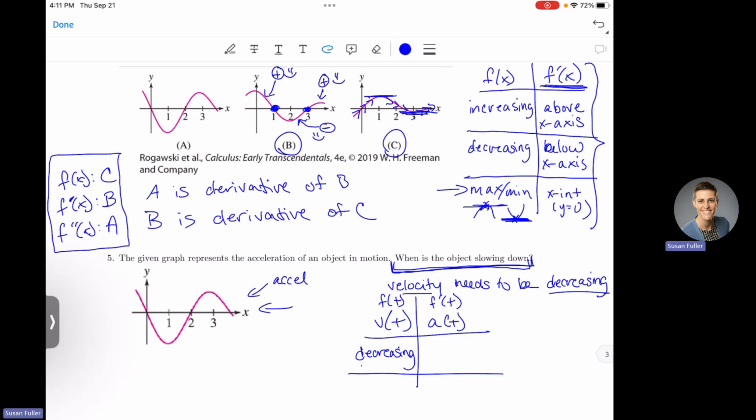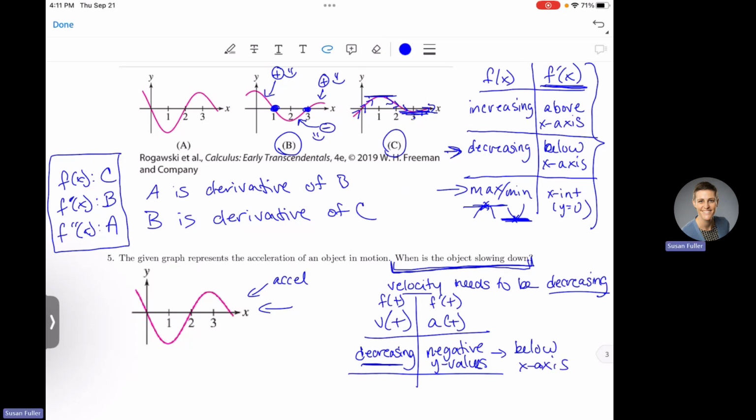So if my velocity is decreasing, that means the derivative of that thing, which is the slopes, need to be negative, or sorry, the y values of my acceleration, which are the slopes of my velocity, need to be negative, which means we are below the x-axis.